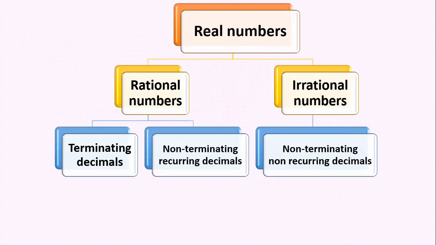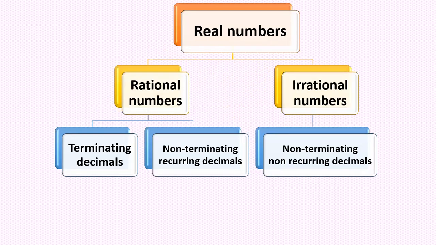Now, as we mentioned before, the set of real numbers includes rational numbers and irrational numbers. Now let us talk about the different kinds of real numbers we know. The set of rational numbers includes two types of numbers.